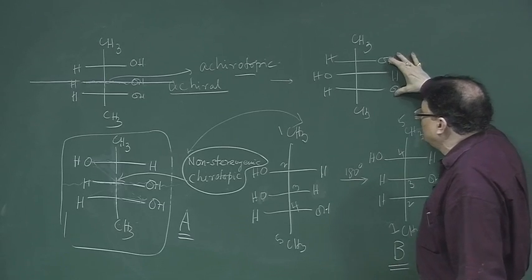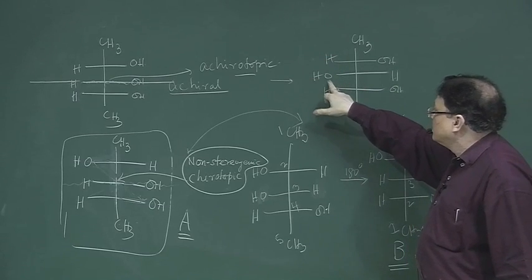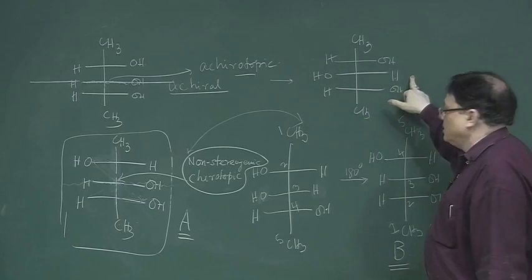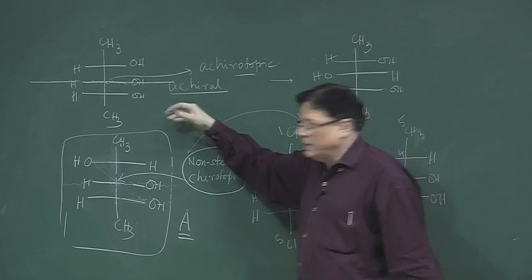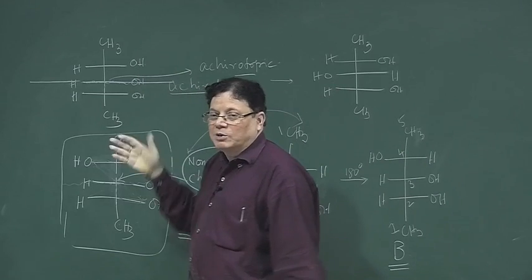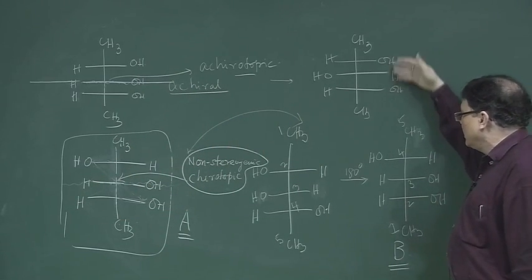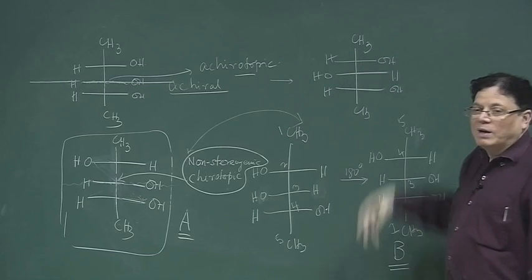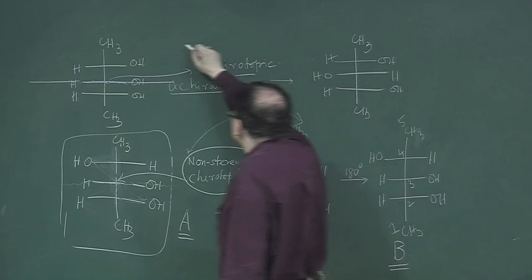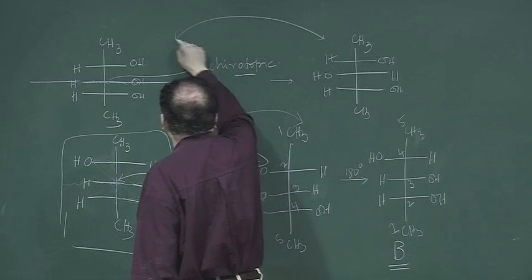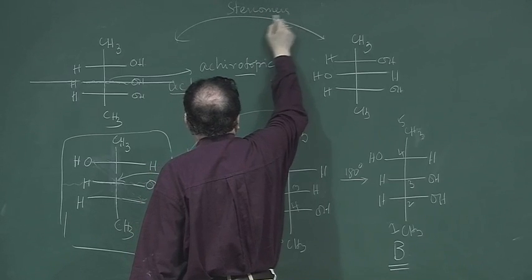These two right-handed wedges will go to the left side, and this left wedge will go to the right side. So, they will never match, because here basically all the three wedges are on the same side. You cannot have that situation by 180-degree rotation. So, they are two stereoisomers.